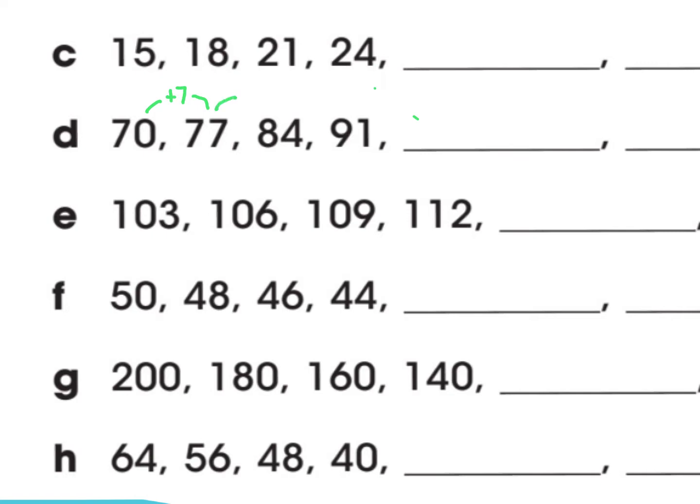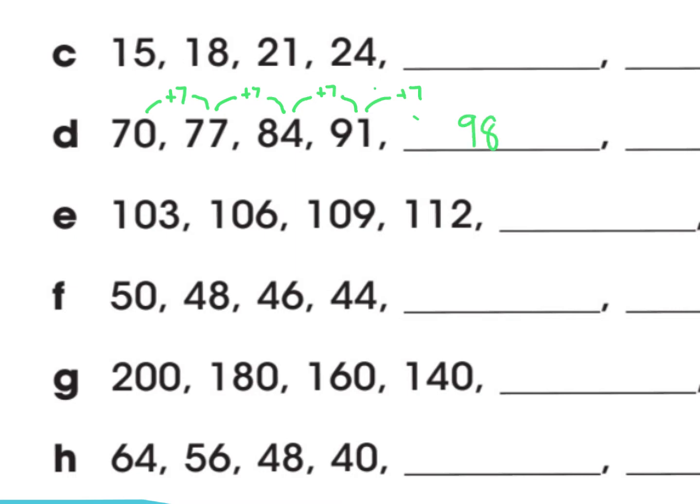We all know that is 7 again, okay? Between 84 and 91, I'm adding another 7. So when I start to work out what comes next, it's easy. It's plus 7. I'm looking at 98, all right?